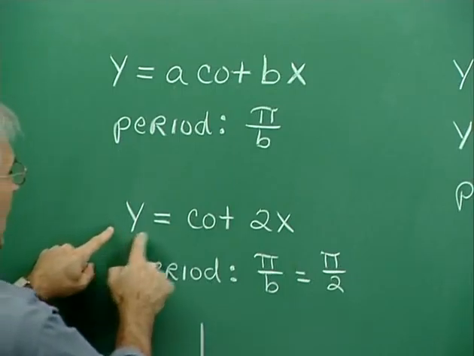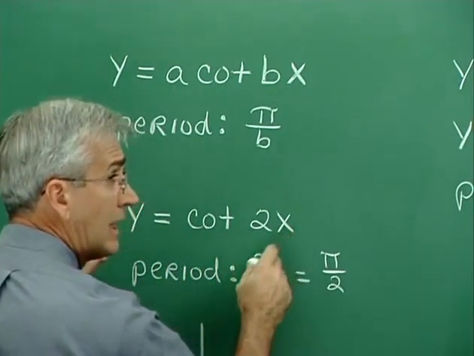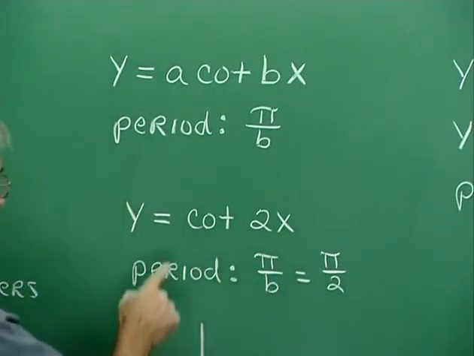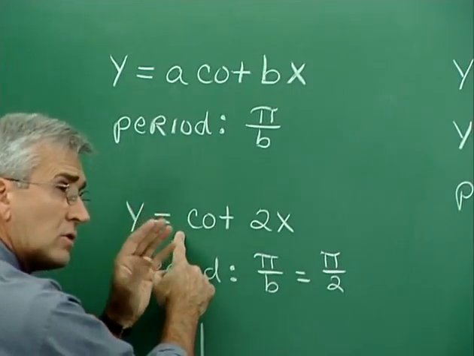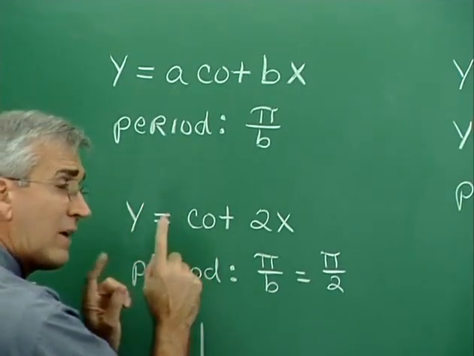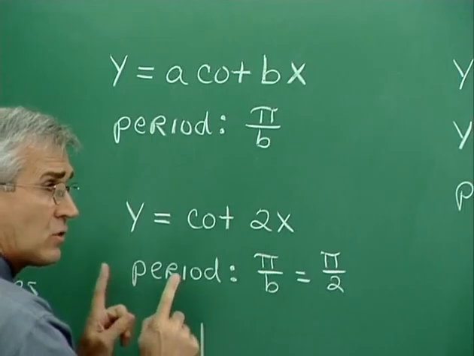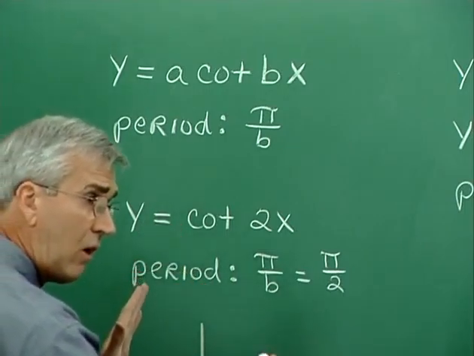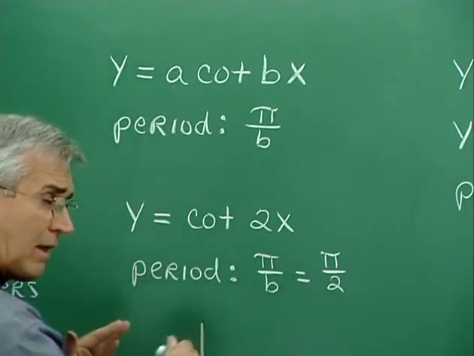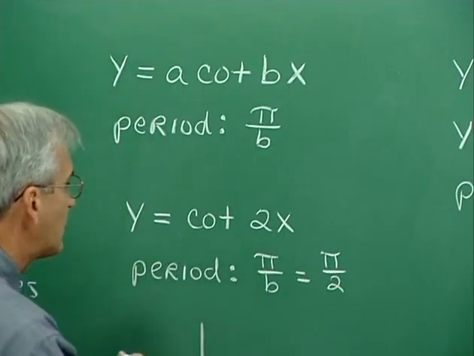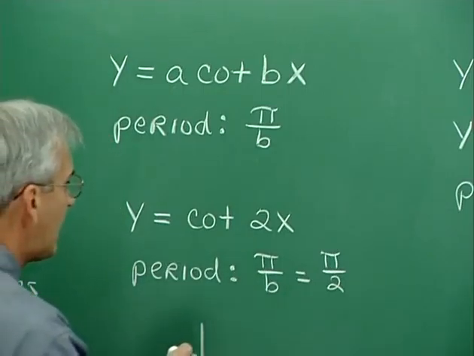So if we're talking about y equals cotangent 2x, then it's a matter of identifying period and thinking about a. Well, a is 1, so it's kind of a normal curve. Now that normal curve, remember, is one which tends to fall throughout the period rather than rise, as was the case with tangent. So let's just keep that in mind.